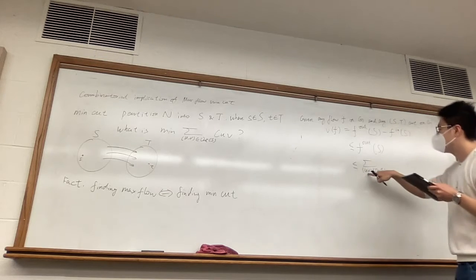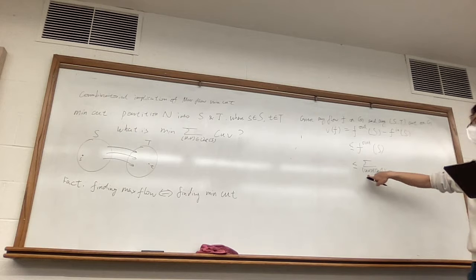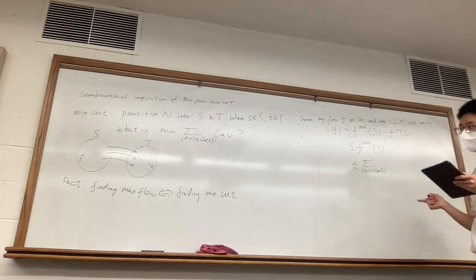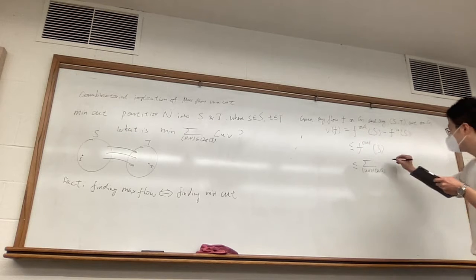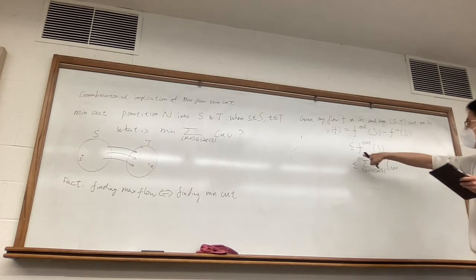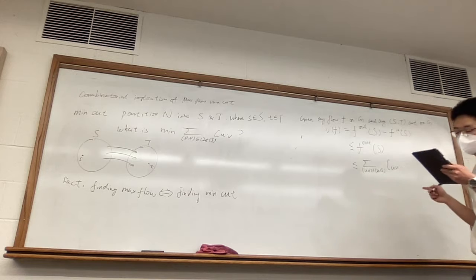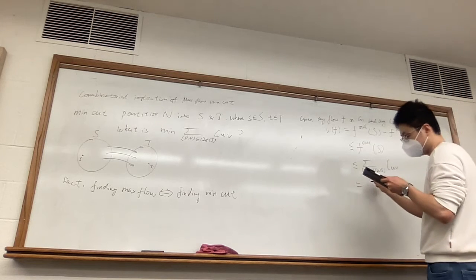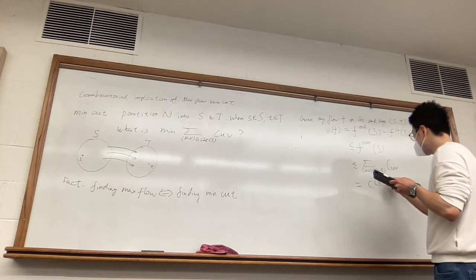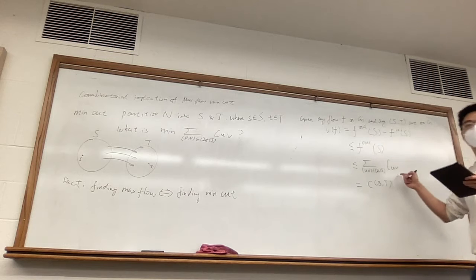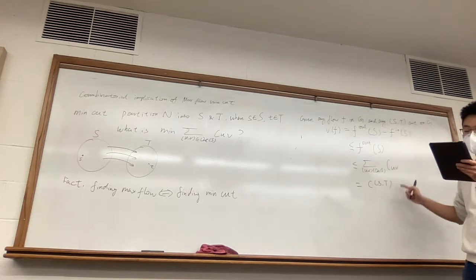That's to say, we sum over all the arcs that go from capital S to capital T, and the flow out of S is less than or equal to the capacity of the arcs that go from S to T. This is c(S,T), the value of this s-t cut.